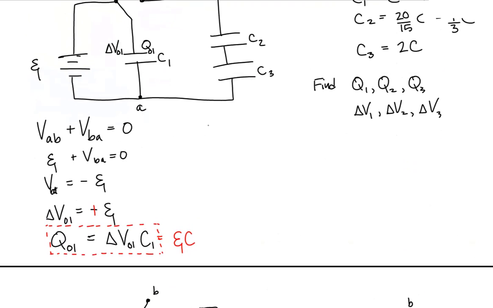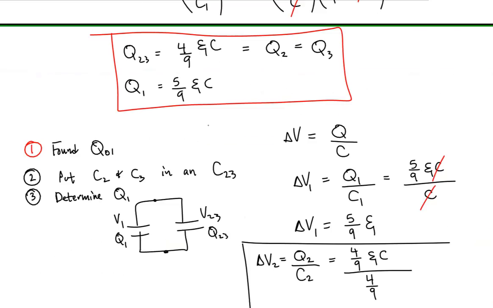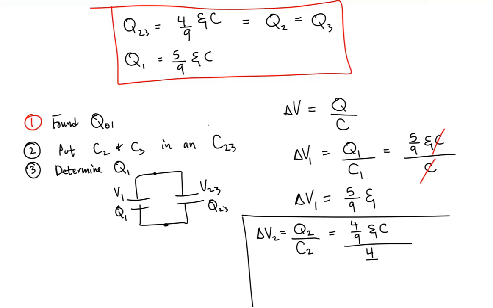Oh, 4/3. So the capacitance of capacitor 2 is 4/3 the capacitance of capacitor 1. So the capacitances cancel, the 4s cancel. We end up with 3/9, and 3/9 ends up being 1/3 the EMF of our original power supply.